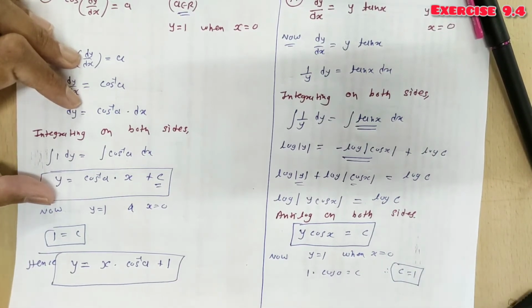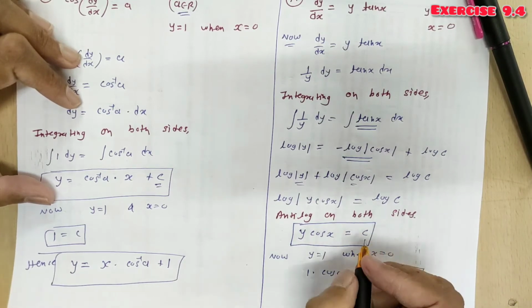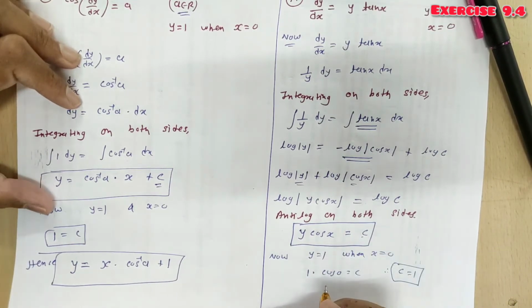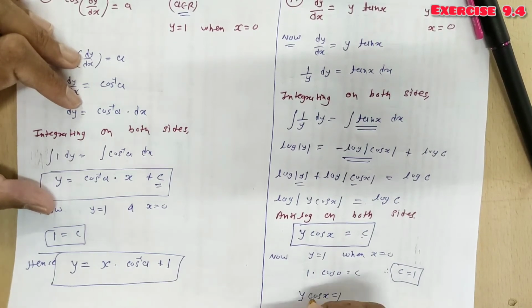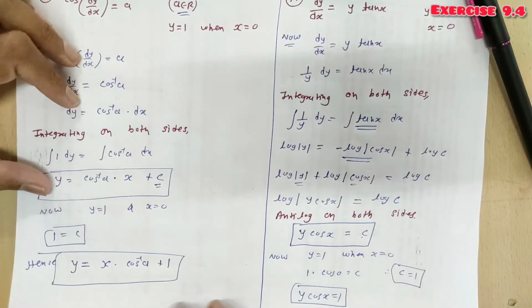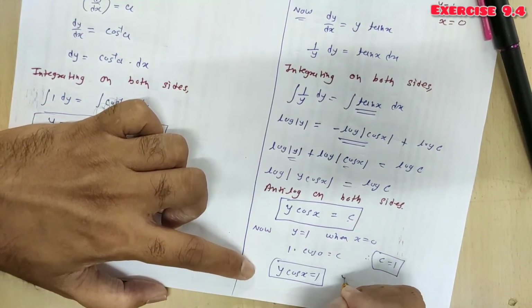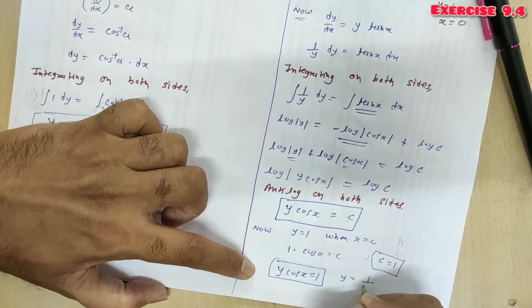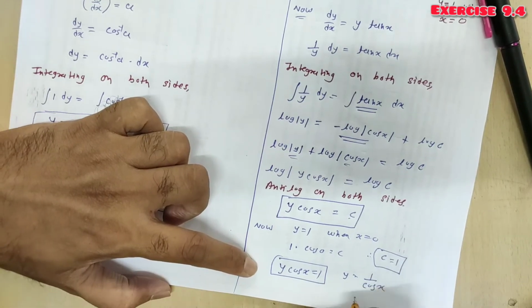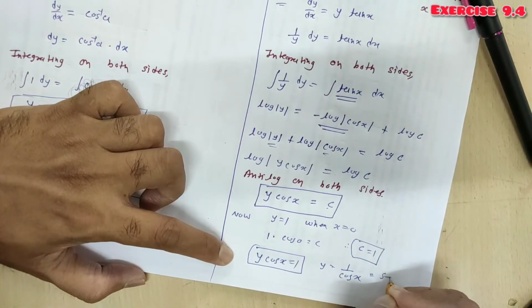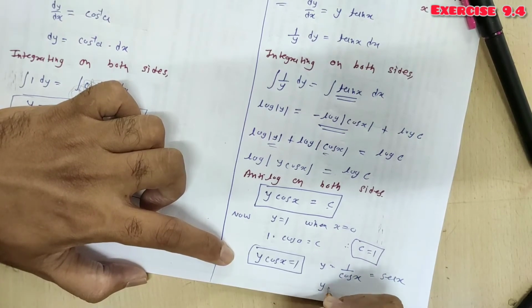Put this c equal to 1 in our general solution, so we get the particular solution: y cos x equal to 1 is the answer. If you want to write it in the form of y, the textbook gives the answer as y equal to 1 upon cos x, which is nothing but sec x. So our solution is y equal to sec x.